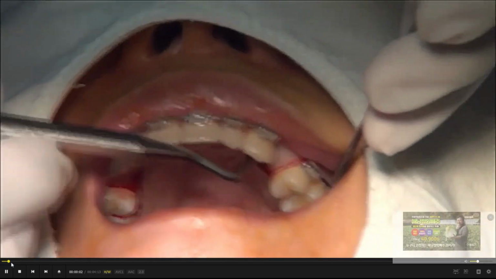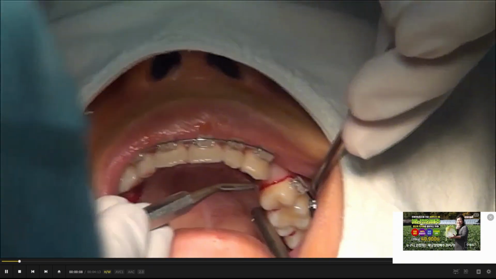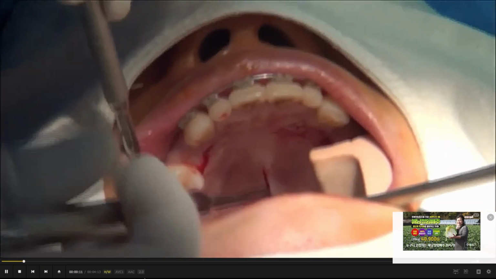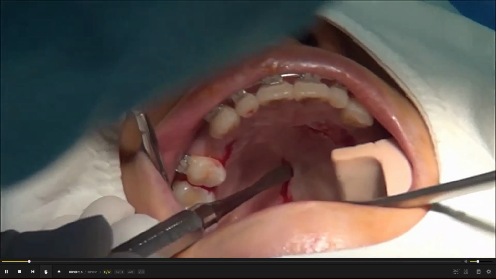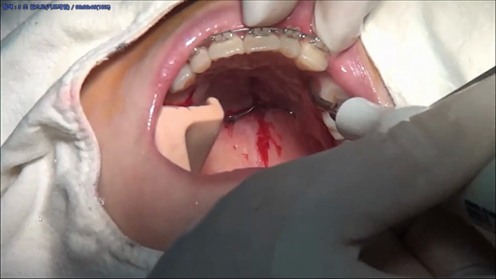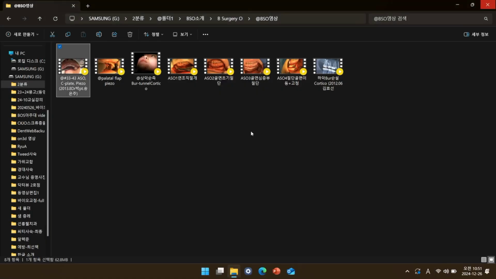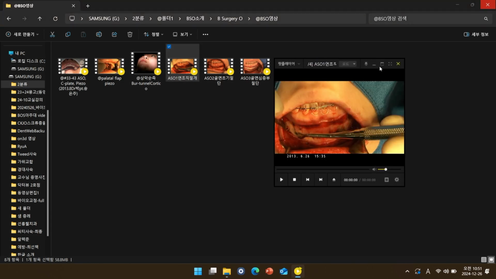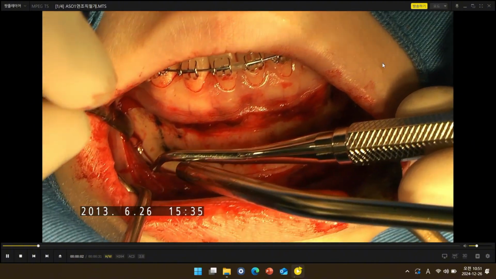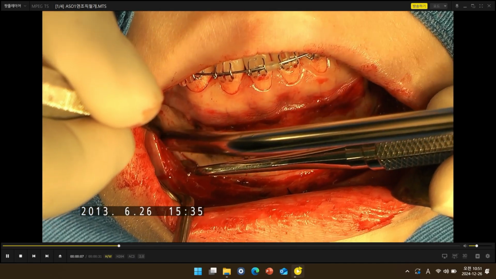This is another part. This is my student's first approach to do ASO.